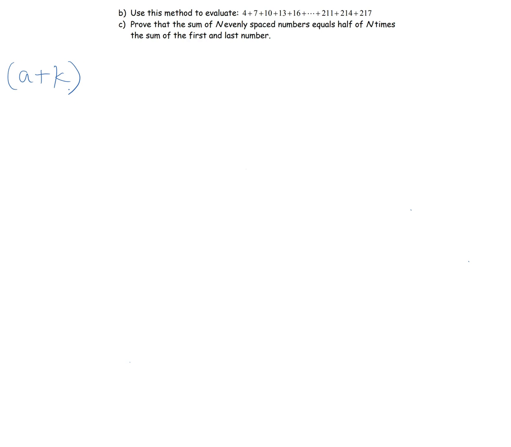And then for our second number, we take 2 times k, whatever our spacing is between each of our terms. And so our second term is going to be just a plus 2k. And if we continue this on, we're going to have 3 times the amount of spacing in our third term. So it's going to be 3k, and that's how we get all these terms with even spacing, even though we don't know what the spacing is.